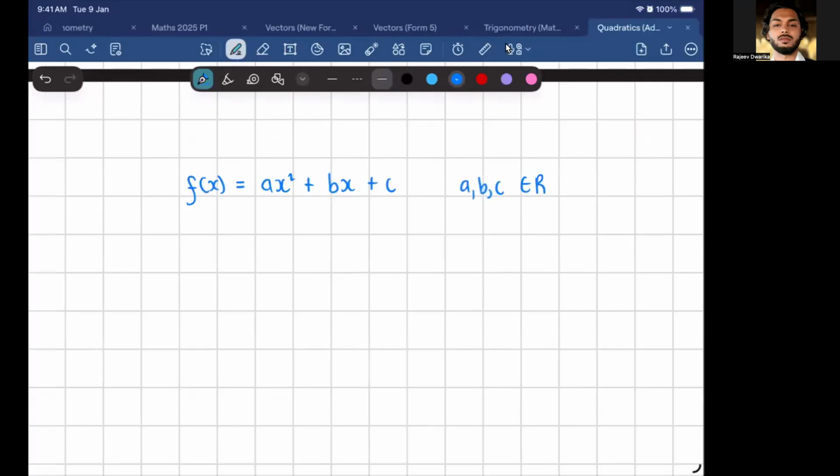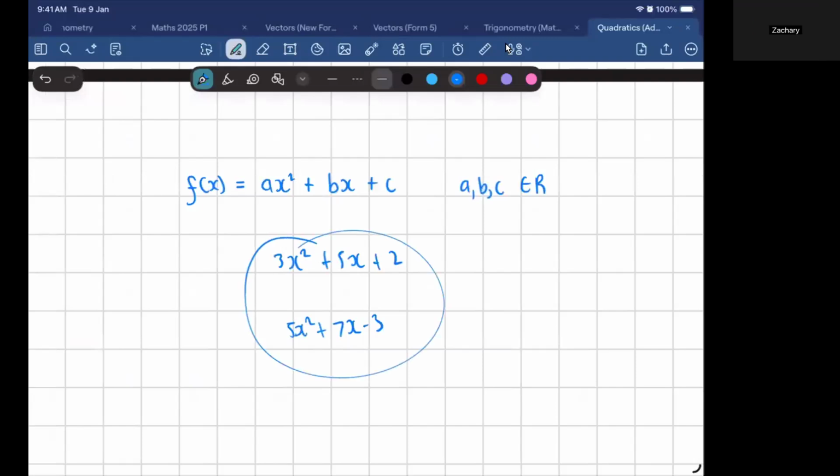You could get a quadratic like 3x squared plus 5x plus 2, or one with 5x squared plus 7x minus 3. Aren't all of those quadratics? Yes, sir. And all of them would have different values for A, B, and C. So A, B, and C could be any number. Get that in your head.